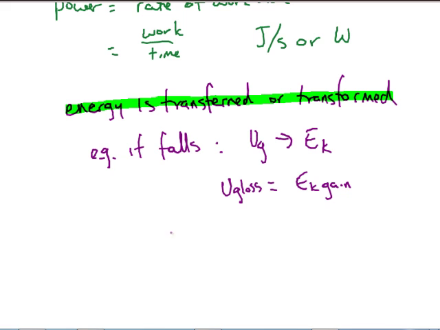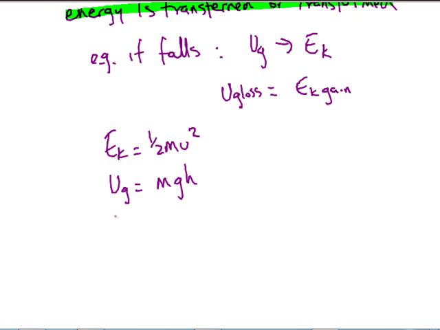So maybe just recap, EK equals a half mv squared. UG is mgh. And US is a half kx squared.